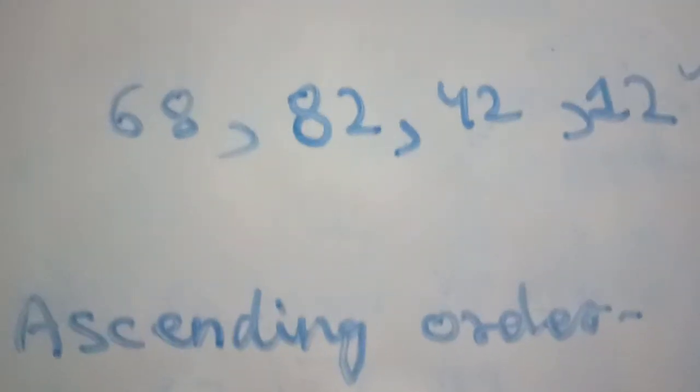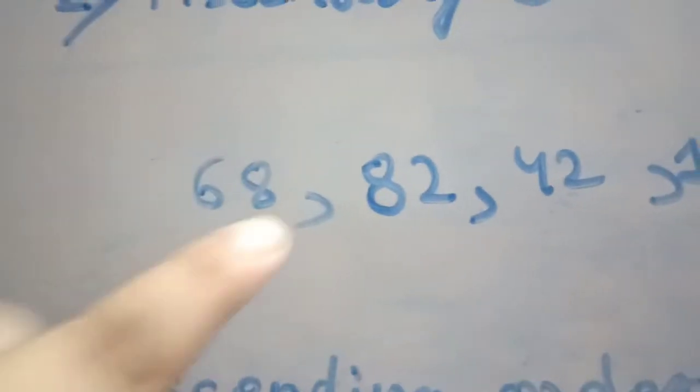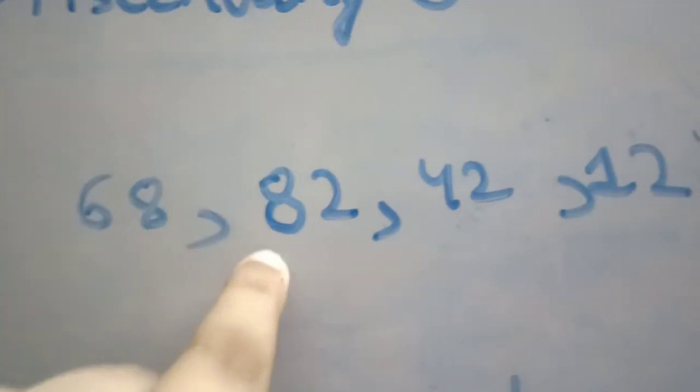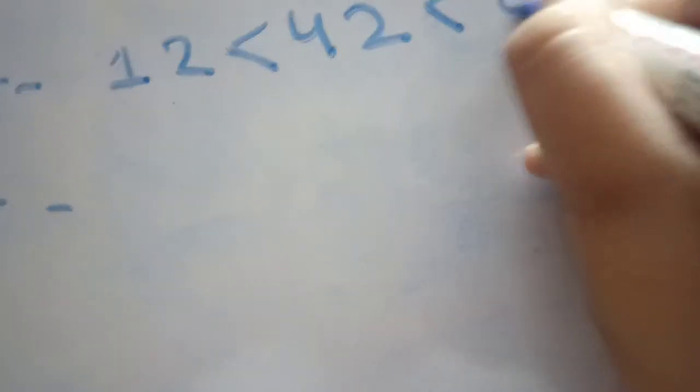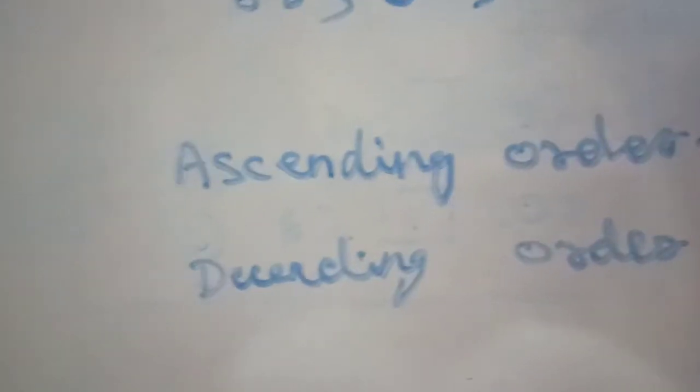Now we will take 68 because its tens digit is smaller than 8. So we will write 68, and then 82 because this is the last number. So we will write 82 here.